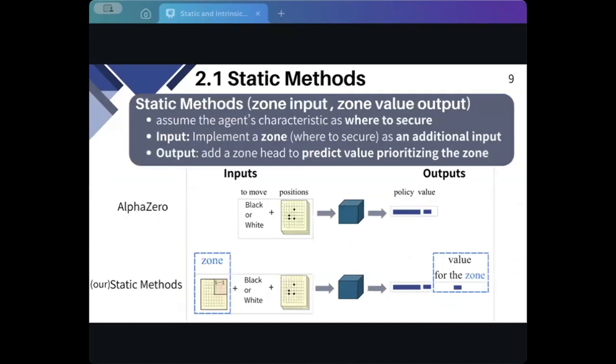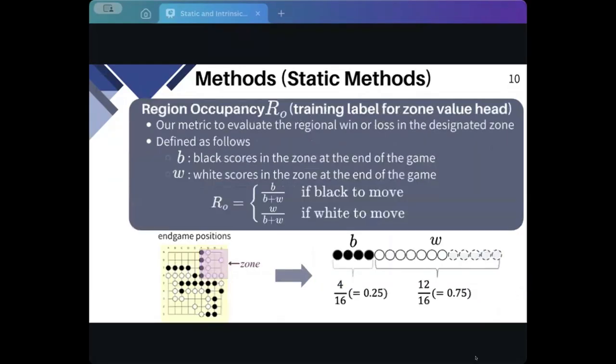First, in the static method, we characterize each agent by the area of the board it aims to secure, which we call the zone. To implement this idea, we added an additional input channel that represents the zone. We also added an output channel which predicts the value for the designated zone. To train the network for the static method, we use our original metric called region occupancy as a training label.